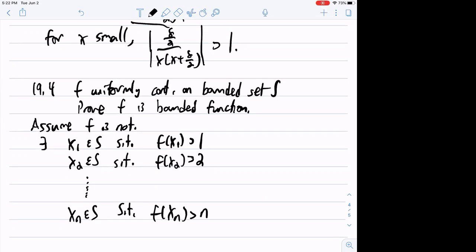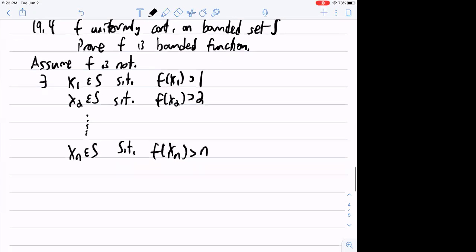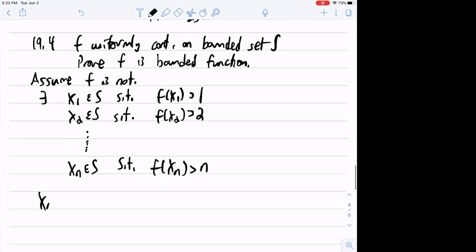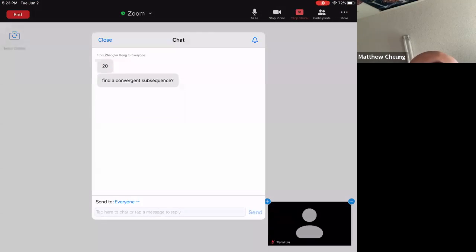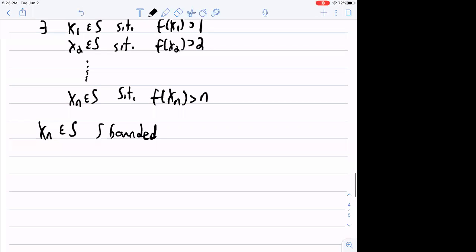So what do you know? This sequence xn is in S, right? And what do you know about S? S is bounded. So what can you tell me about bounded sequences? There was a lemma for that, right? Yeah, convergent subsequence, exactly. So there exists x_{n_k} converging to, how should I denote the limit? x tilde, right?